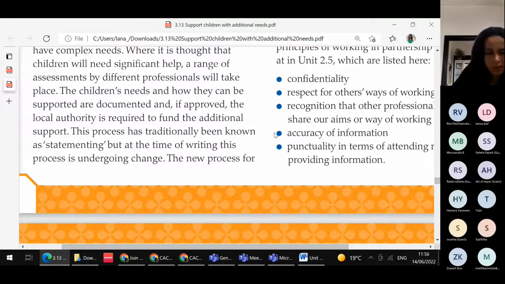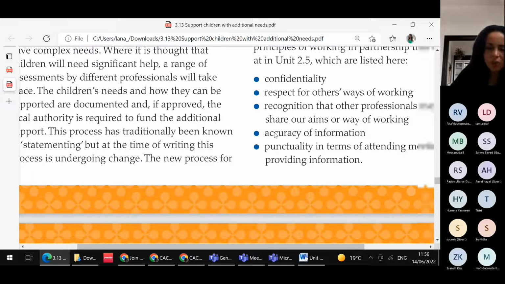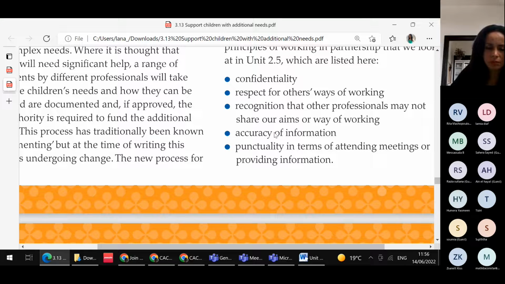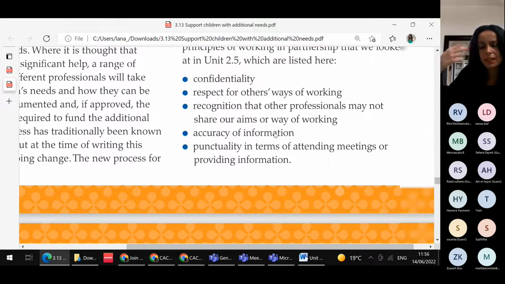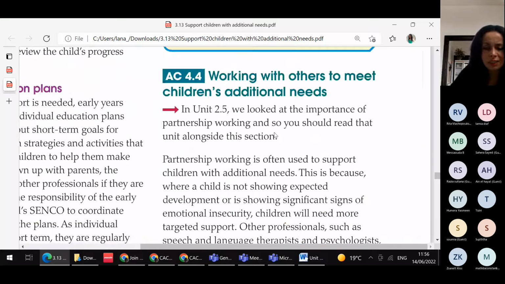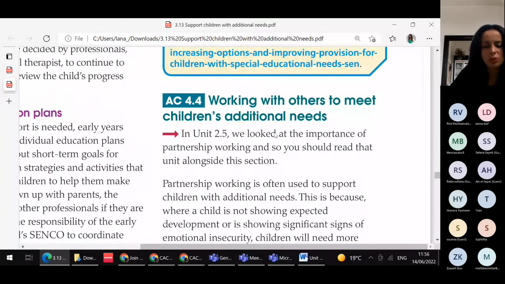How many people are supporting him? Who's involved? What are the goals we have for the child? All this needs to be documented, as long as there is a huge amount of funding for this child.